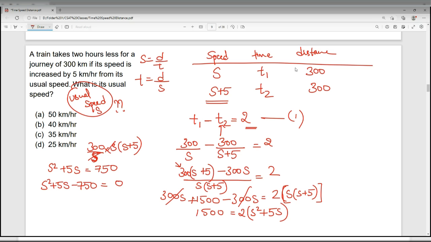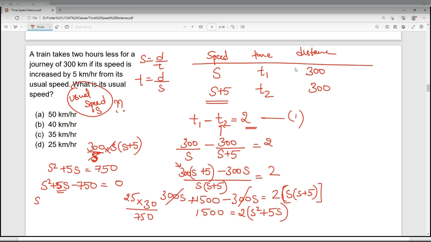You can actually use factorization to factor this, or if you want, you can use the formula. If you are factoring it, we need two numbers whose product is 750 and whose difference should be 5. So 25 and 30. 25 into 30 is 750, and the difference is 5.